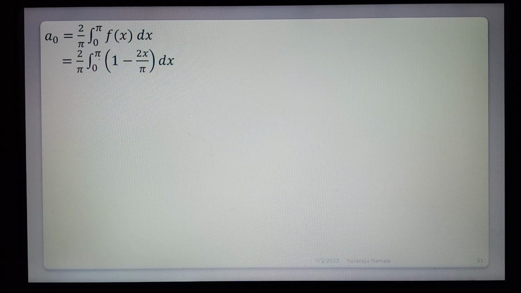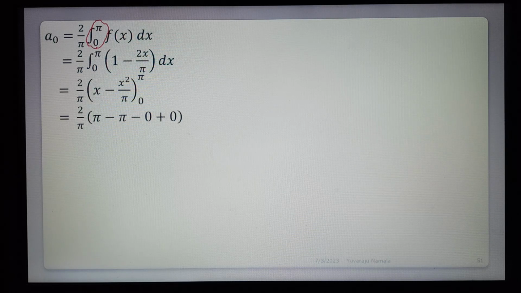In the interval 0 to 5, f of x is equal to 1 minus 2x by 5. So 2 by 5 into x minus x square by 5, limits 0 to 5. So 2 by 5 into 5 minus 5 square by 5, 5 minus 5 is 0. So a naught is equal to 0.